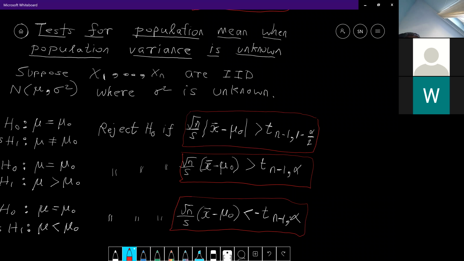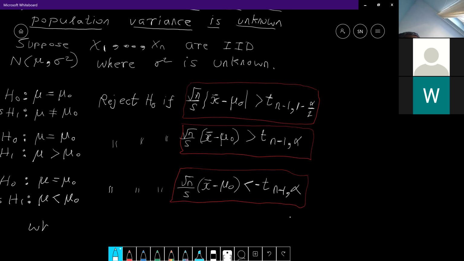You might have forgotten. So S is the sample standard deviation and is defined as the square root of n minus 1, not n. Okay, I'm using the unbiased version, not the biased version.